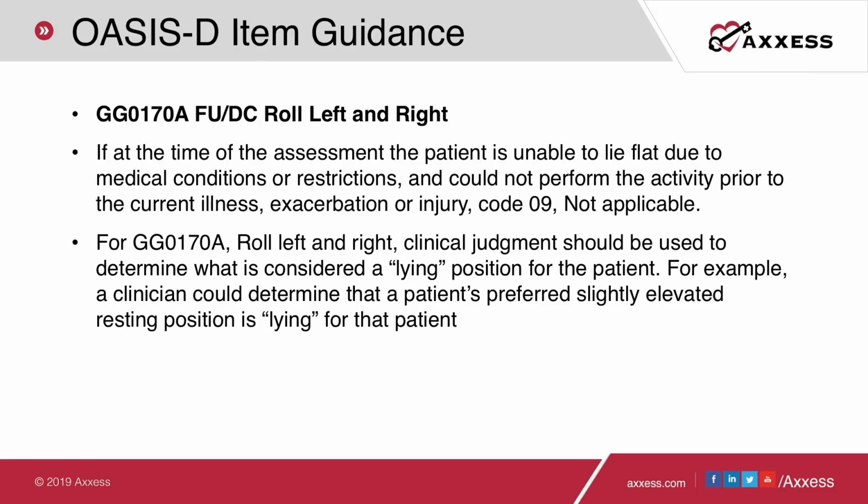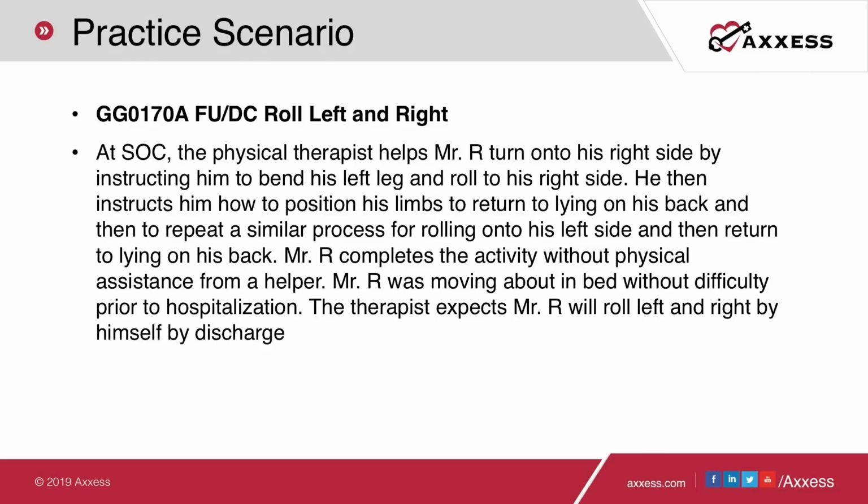For GG0170A, roll left and right, clinical judgment should be used to determine what is considered a lying position for the patient. For example, a clinician could determine that a patient's preferred slightly elevated resting position is lying for that patient.